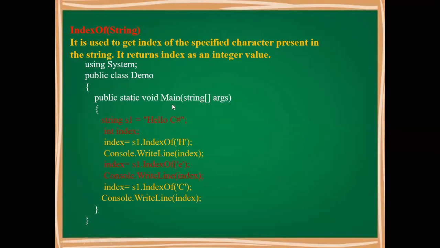No, actually, the space in between hello and C sharp is also counted as one index. So in HELLO, the index of O is 4, and the index of the space is 5.